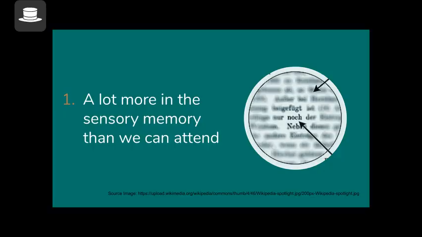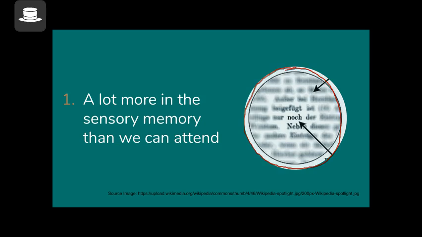The first attentional idea is in line with what we just talked about, and that is there is a lot more information in your sensory memory than you can attend to. Just imagine, this is just an analogy, this is the information captured in your eye.